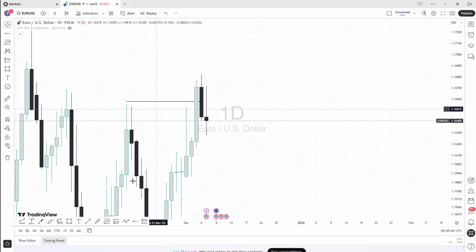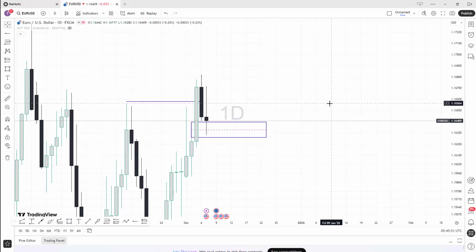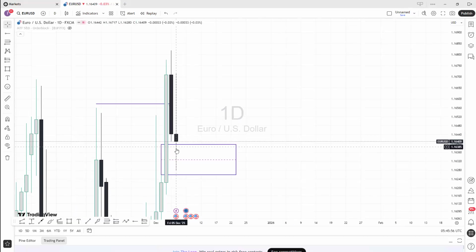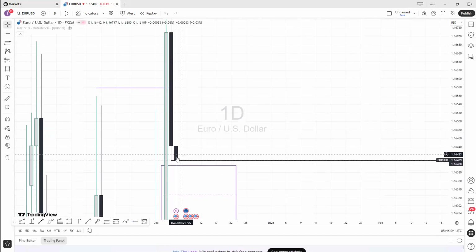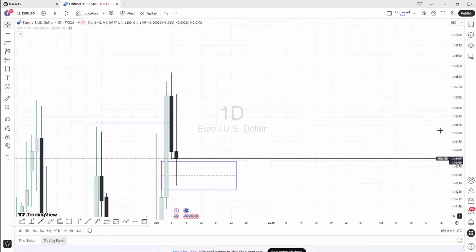After the creation of that structure, you can see a retracement where price retraced back to that daily fair value gap, and then a candle closure inside the previous candle high and previous candle low. You can see that rejection candle, manipulation candle. It closed within the previous Thursday candle low, so that indicates a reversal pattern.